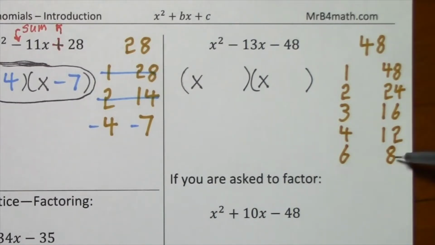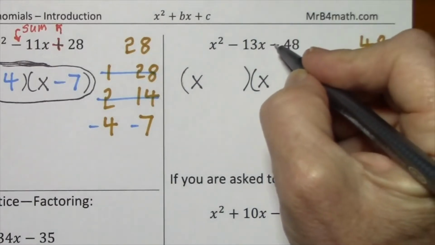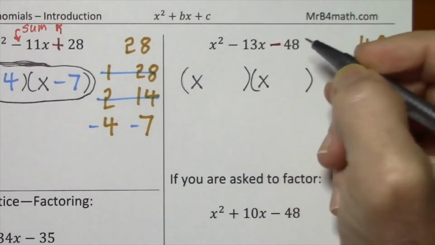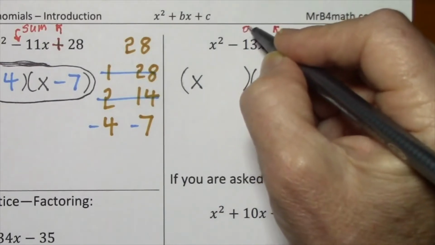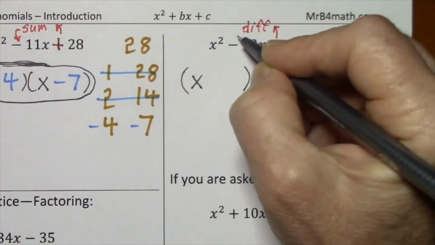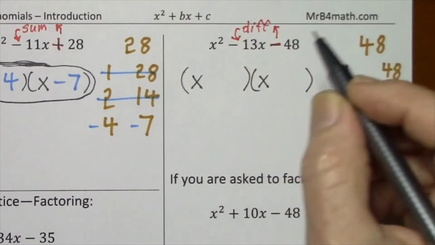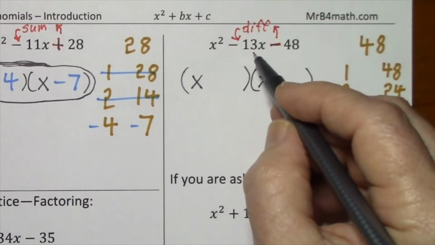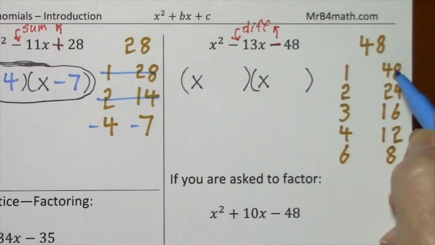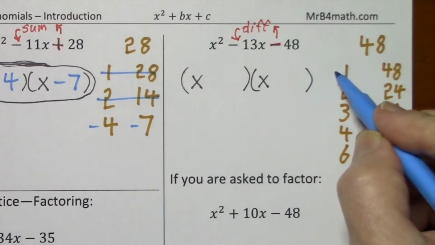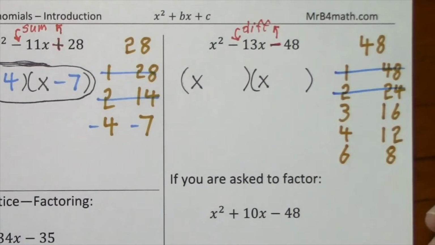To decide which factor pair, you notice the sign of your last term. If it's negative, you're looking for a difference. And in this case, we're looking for a difference of negative 13. So can we subtract and get a negative 13 here? Nope. Nope.